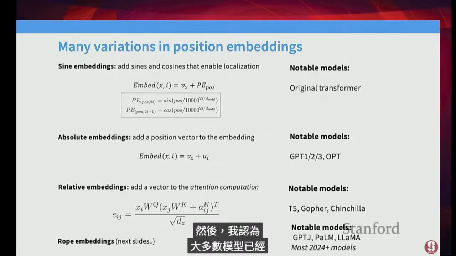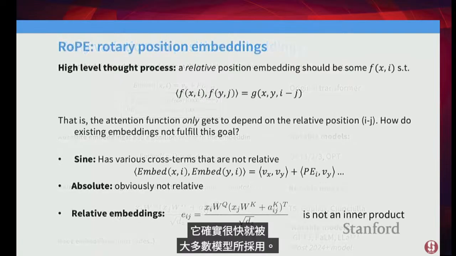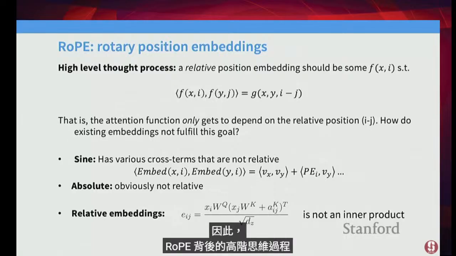And then I think most models have converged to RoPE, which is relative position embeddings. This actually started in GPT-J, once again another open source contribution. It has really rapidly been picked up by most of the models. The high-level thought process behind RoPE is that the thing that matters is the relative positions of these vectors.